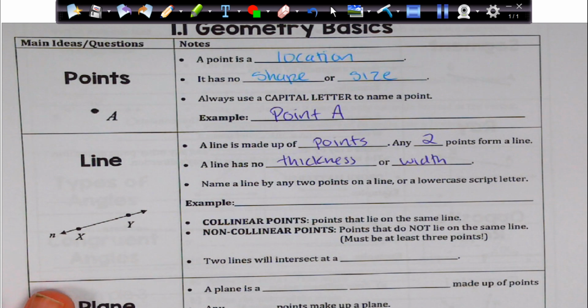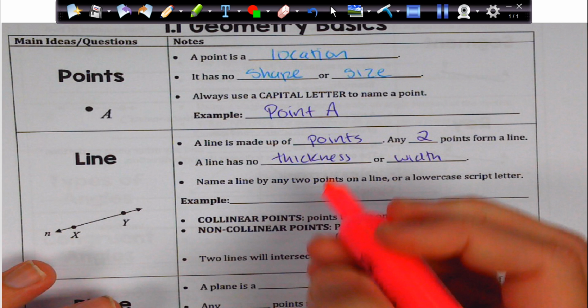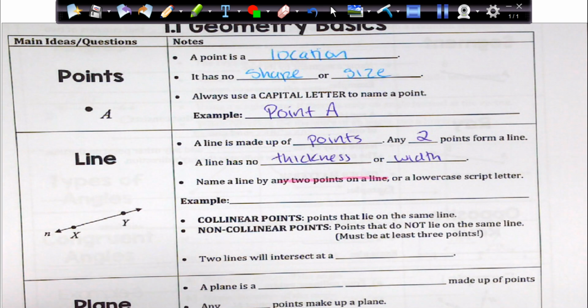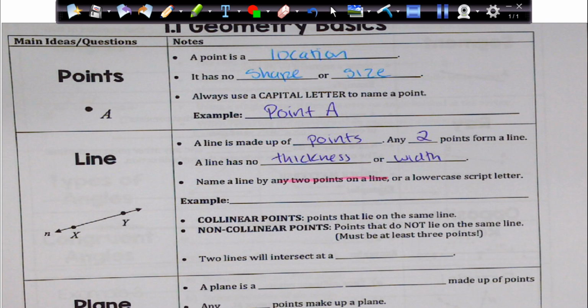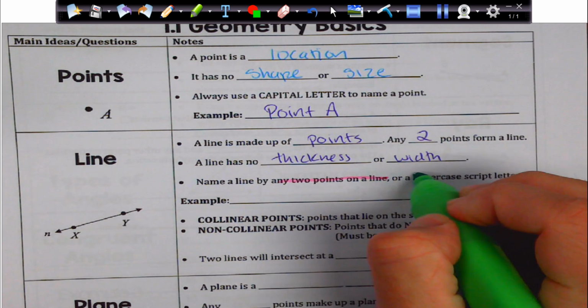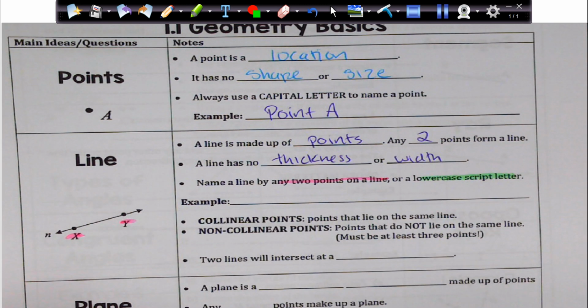So we name a line by using our 2 points. We can use any 2 points on a line, or a lowercase script letter can also be an example of how we could do that. For example, right here on this line, we could label it XY.